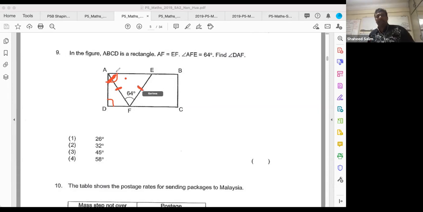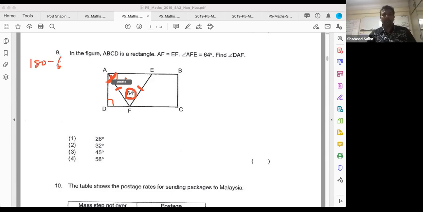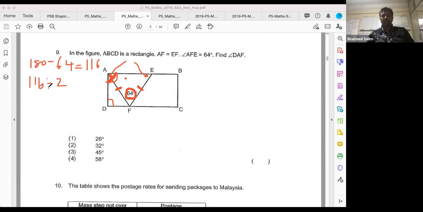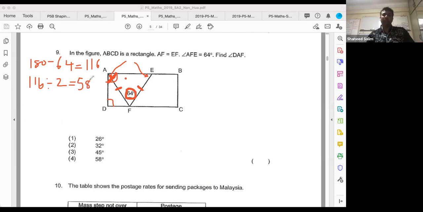So 180 minus 64, and then divide by 2. 180 minus 64, you get 116. So 116 is for these two balanced angles. And then 116 divided by 2, you get 58. Good. And then after that, what do you do?